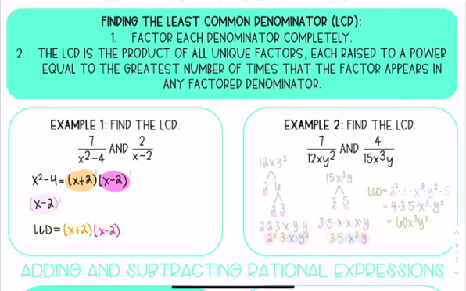And then looking at the second one, we have x minus 2, but we've already put that down, so we don't need to copy it twice. The last thing we need to do is just check the powers. And so all of these have a power of 1, and so we don't need to change the powers on any of them. And so your LCD is going to be x plus 2 times x minus 2.